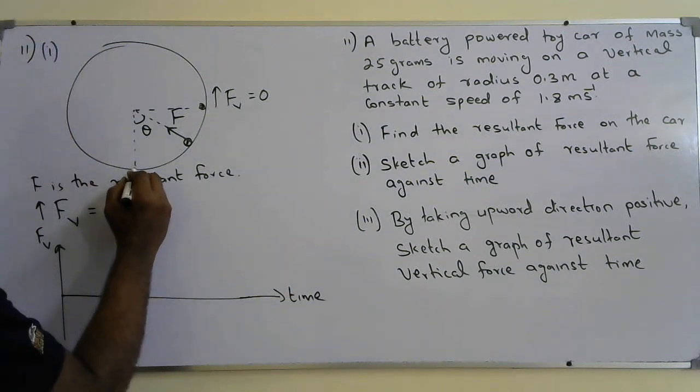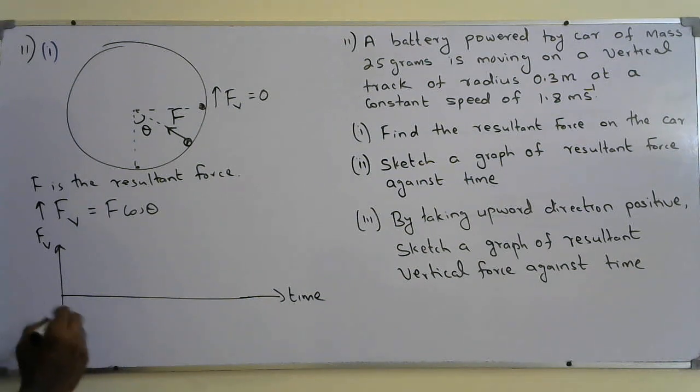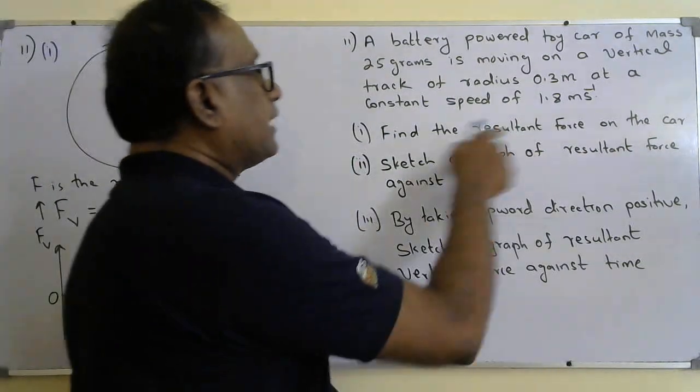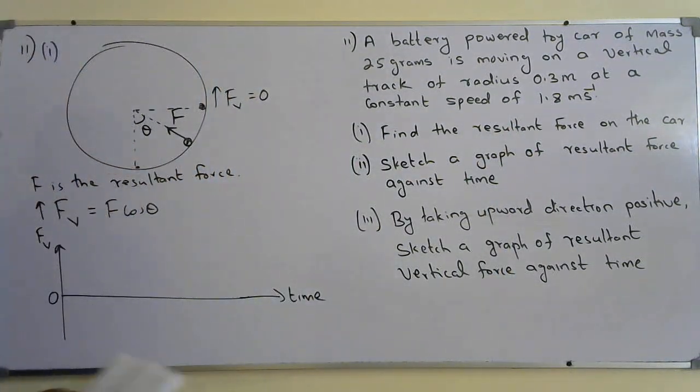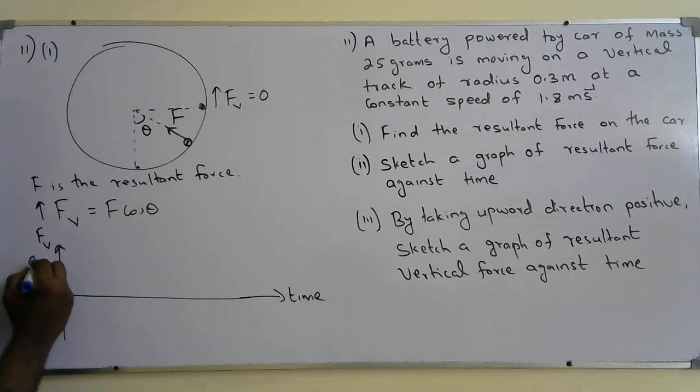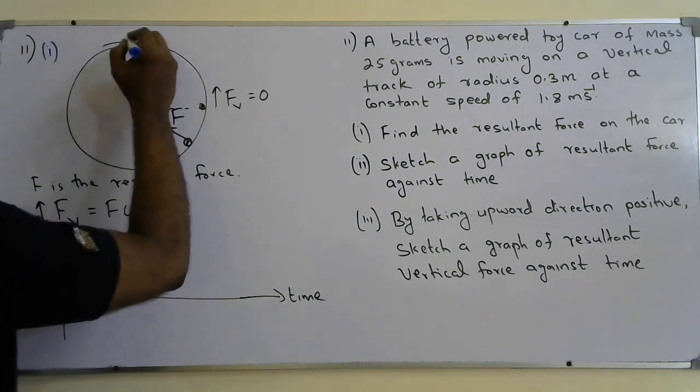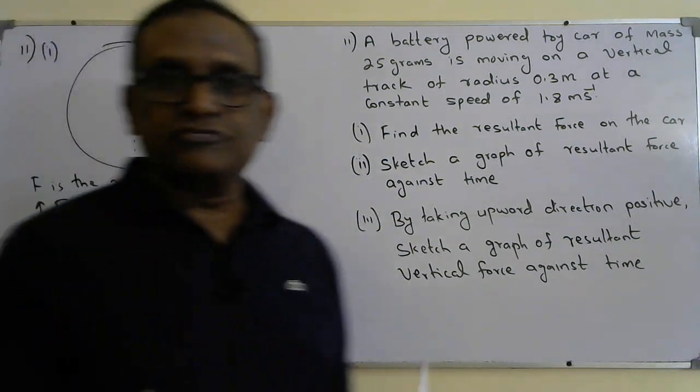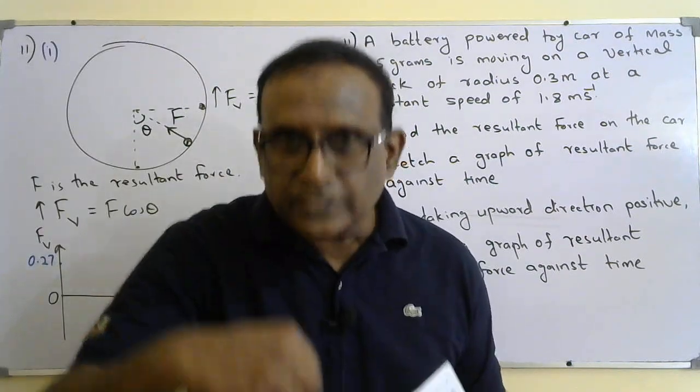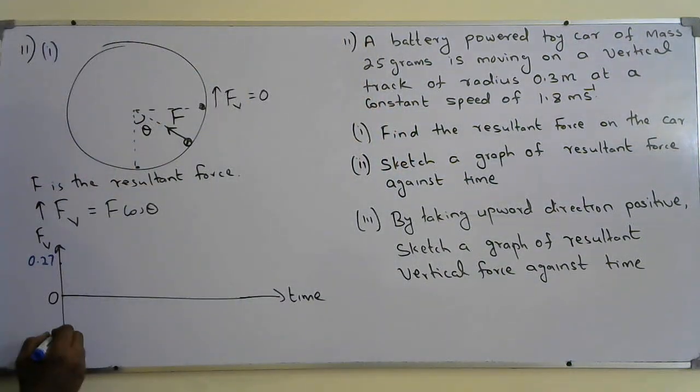Initially, if I assume the car was at the lowest position, it will have the highest value, that is what we calculated in the first part, 0.27. When it reaches the highest point, the same centripetal force, the vertical component will be downwards, which is minus 0.27.